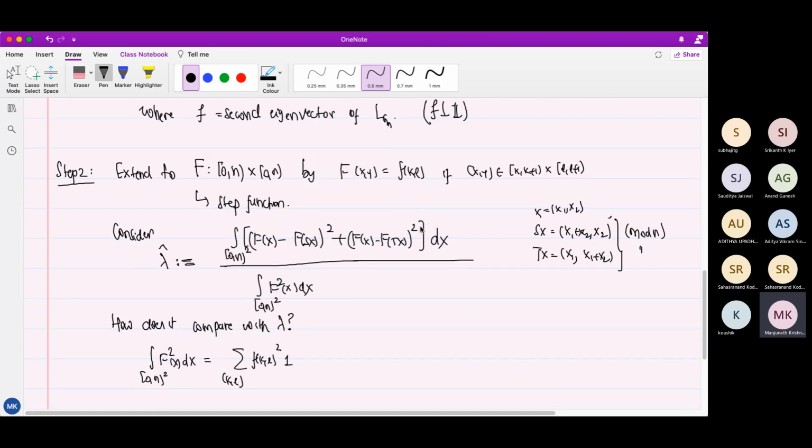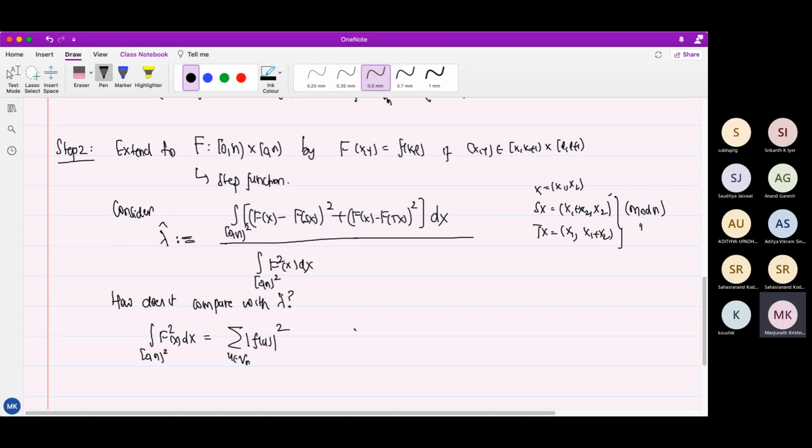That is the same as the L2 norm, the sum of f of u squared over all the vertices.